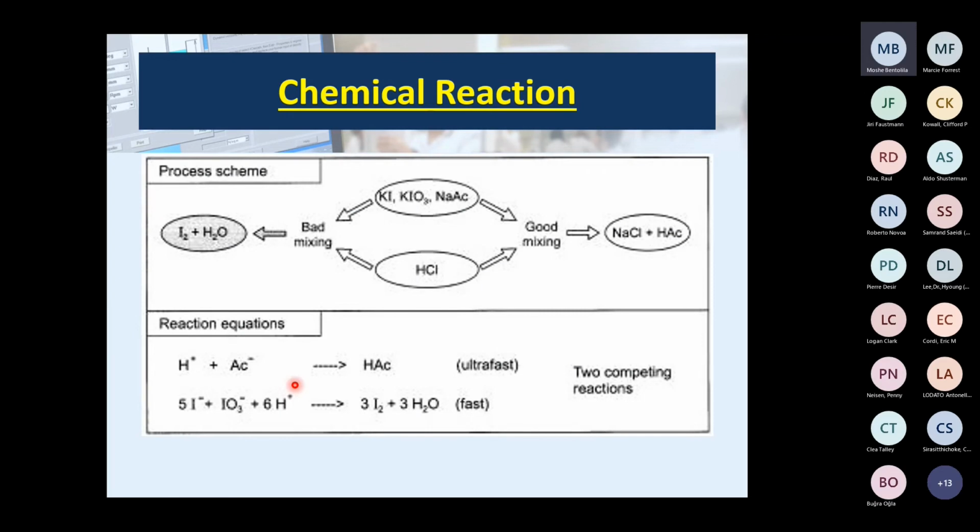A reaction, for instance: if we have some salts in water and we feed HCl, if we have good mixing, so we spray the HCl well, we will have a material that has no color. And if we feed HCl with very bad mixing, so the spread of the HCl in the tank is not so good, we'll generate iodine, which is a colored material.